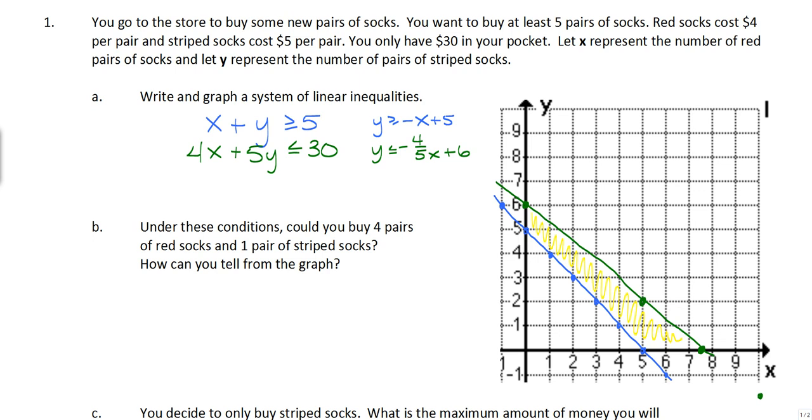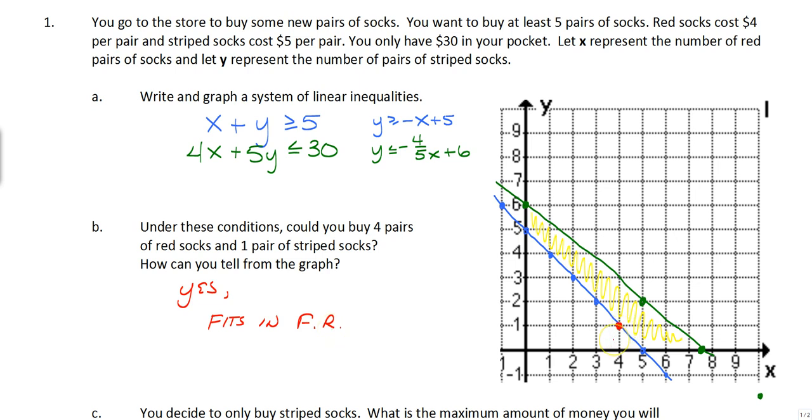So under these conditions, could you buy 4 pair of red socks and 1 pair of stripes? Remember, X is red, Y is striped. So can you buy 4 pair of red and 1 pair of striped? The answer is yes, you can. The reason is because it fits in the feasible region that we learned, and it's on a solid line, so that counts.